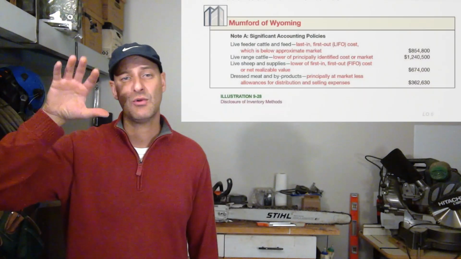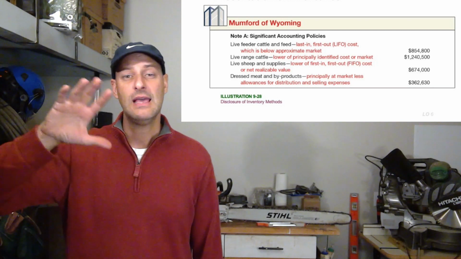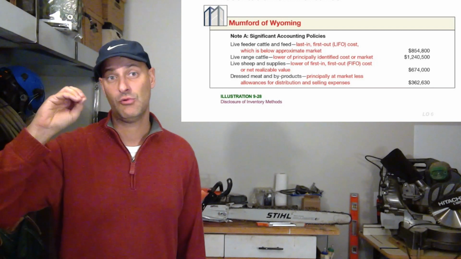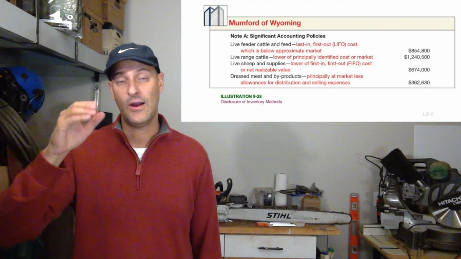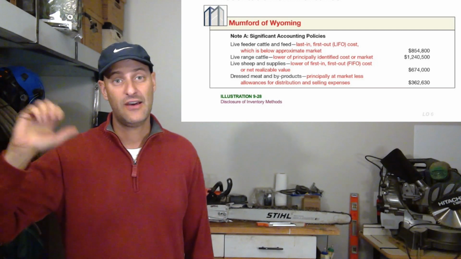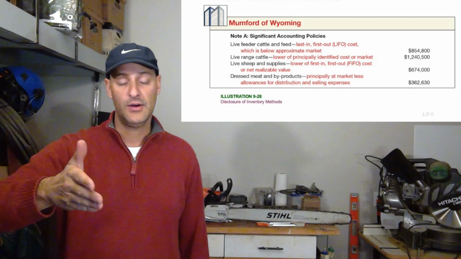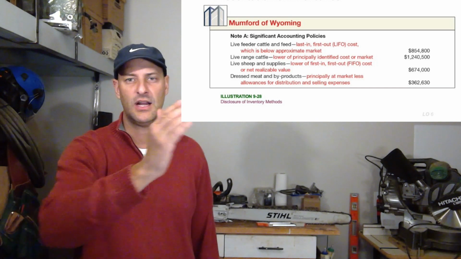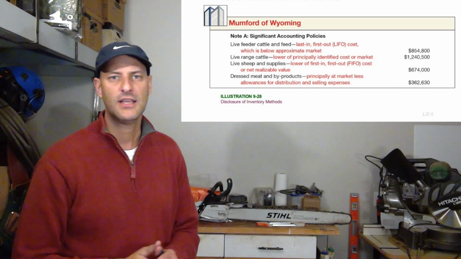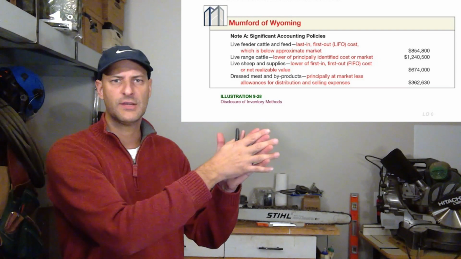So I'll show you a quick example of how this ends up getting reported. Mumford of Wyoming is actually a ranch. They have cows and sheep on the same ranch, which is ironic if you're from the West, since farmer-ranchers don't typically get along.